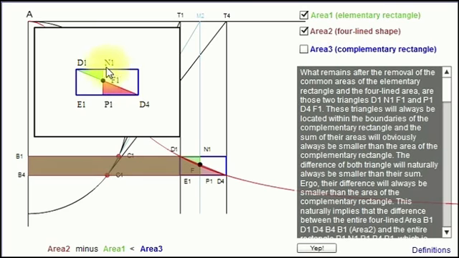And because the area of the complementary rectangle is arbitrarily small, the difference between those two triangles, which represent the difference between the entire quadrilinear shape in red and the entire elementary rectangle in green, must also become arbitrarily small, or if you will, even smaller than arbitrarily small.